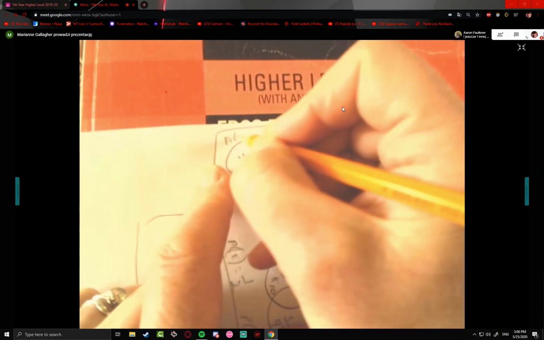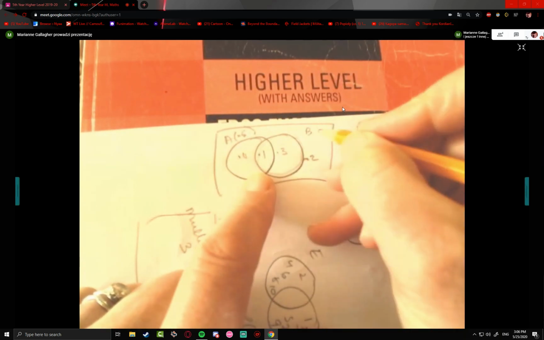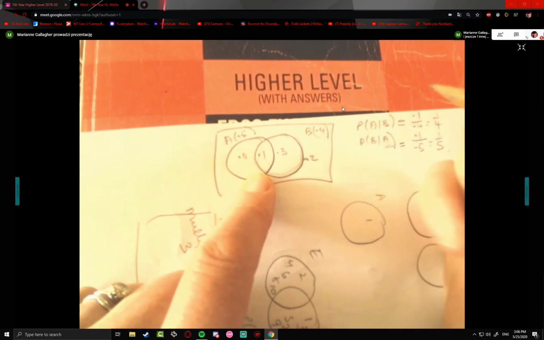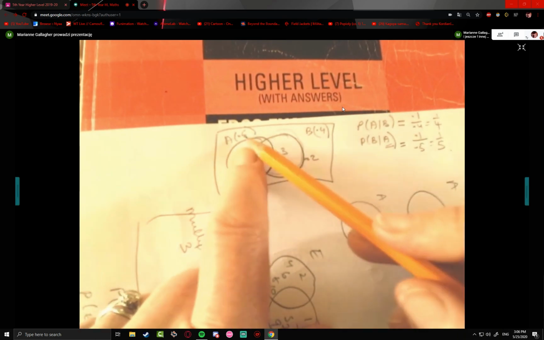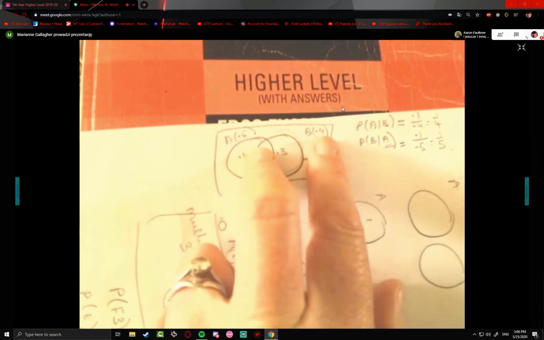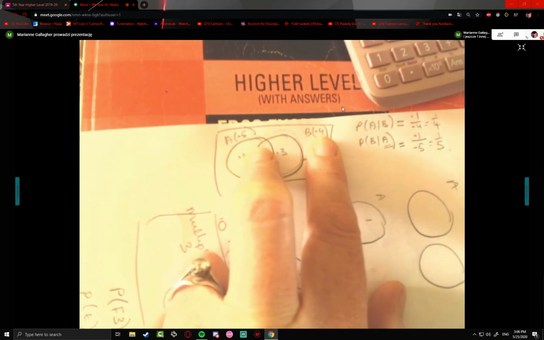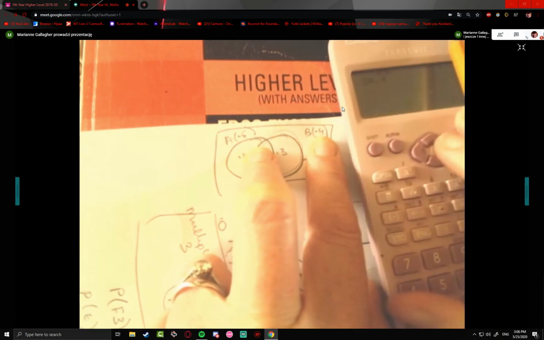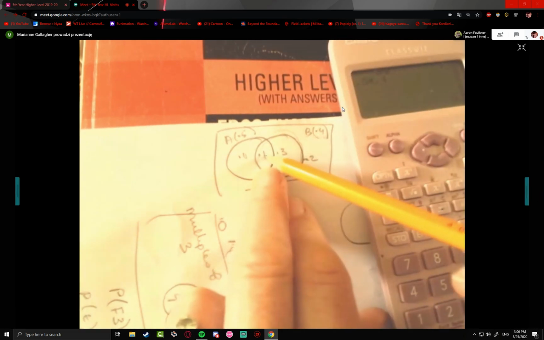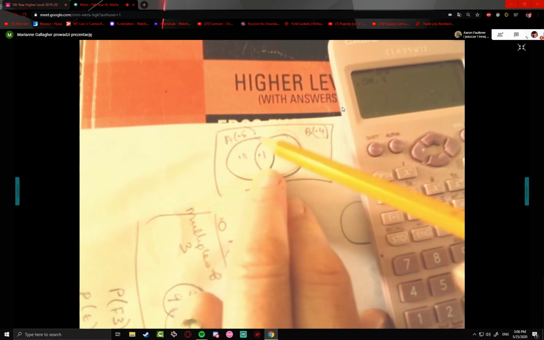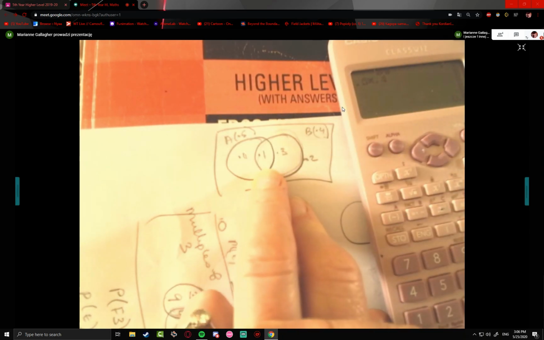So the probability of A is 0.5, the probability of B is 0.4. So 0.5 by 0.4 is 0.2. That does not equal the probability of A intersection B. Therefore, A and B are not independent.